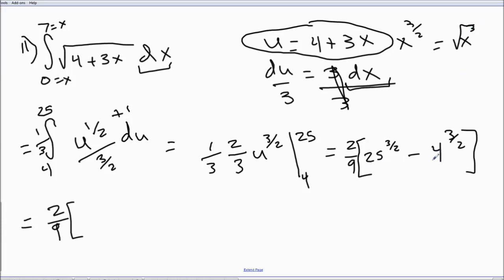I noticed 25 and 4, it's really easy to square root them, so that's what I'm going to do first. And guys, I'm just doing mental math here. Square root of 25 is 5. 5 cubed is 125. Going over here, square root of 4 is 2. 2 cubed is 8. So 125 minus 8.